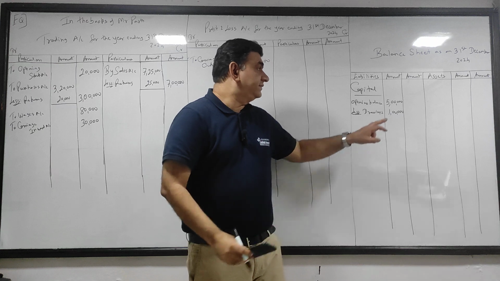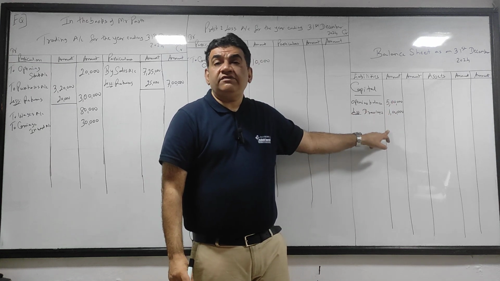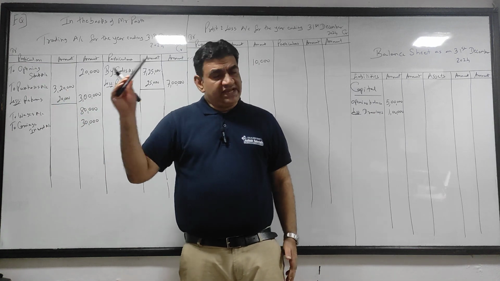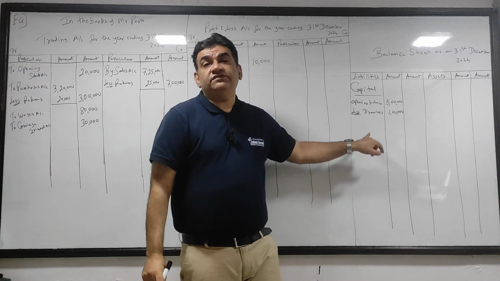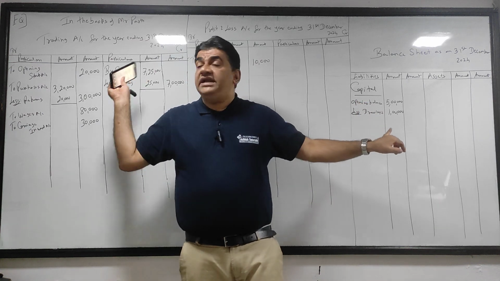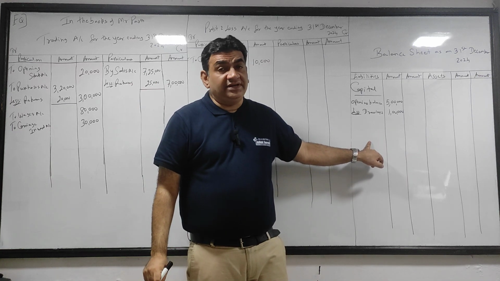So now you can say I have to give him 5 lakhs, I have to recover from him 1 lakh. So 5 minus 1, उसे 4 देना है. So in short, FYJC syllabus में drawings which is a personal expense will not be debited to trading P&L but will always be deducted from capital.